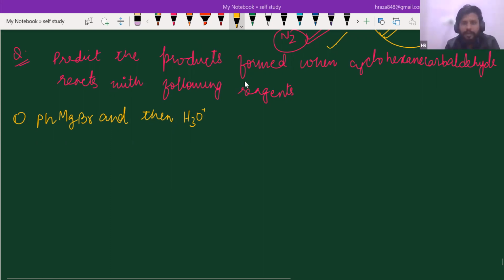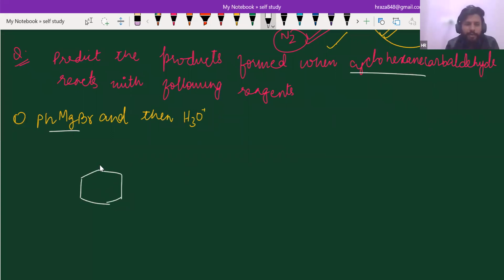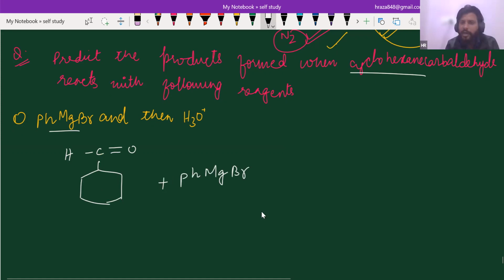See, I'm going to explain it. First, we need to write the structure of cyclohexane carbaldehyde. So it will be like this. This is your cyclohexane and carbaldehyde, that means aldehyde is there. And you are going to react this with PhMgBr. As you can see, this is aldehyde and this is Grignard reagent. So there will be positive, there will be negative.